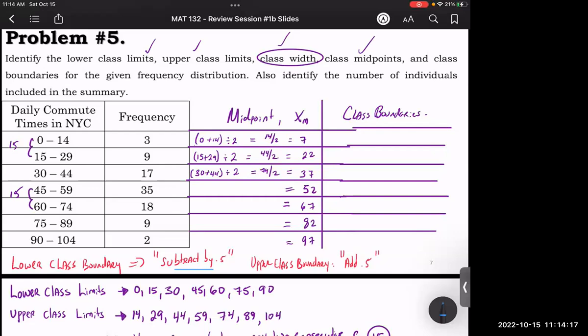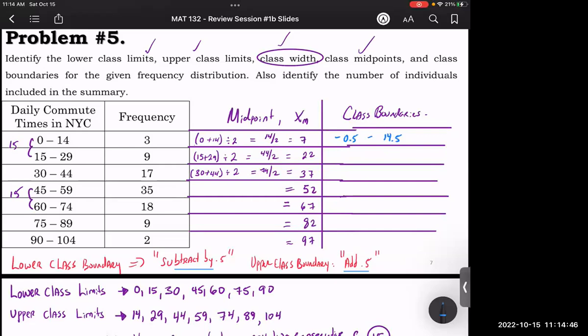What would it be? Negative 0.5. Now, on the other hand, for the upper class boundaries, you have to add 0.5 to those upper class limits. So 14 plus 0.5 is going to be what? 14.5.